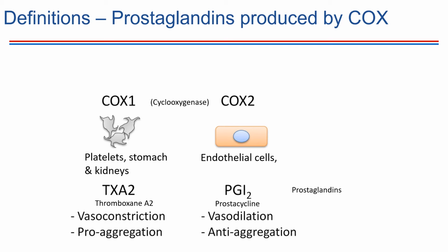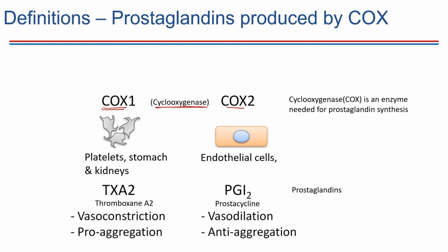I kind of wanted to bring up COX inhibitors because you may have heard about them before. A COX inhibitor is inhibiting COX enzymes. So COX really stands for cyclooxygenase. So cyclooxygenase is an enzyme, and it's needed to make these prostaglandins that we're talking about.